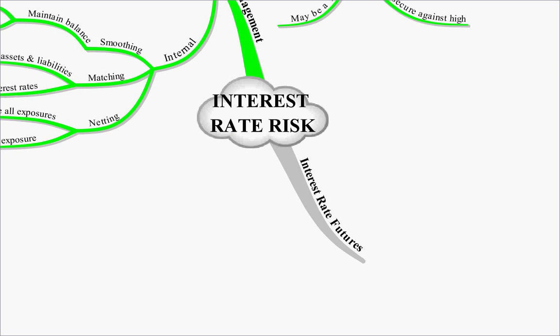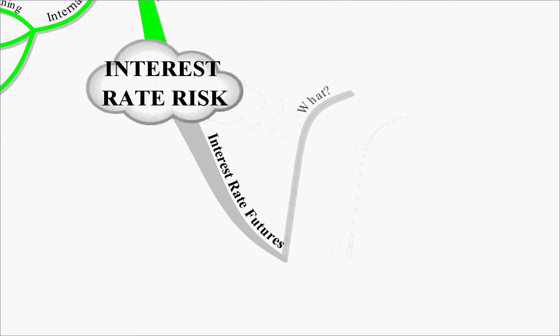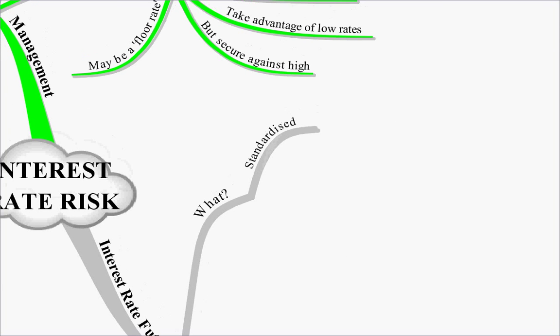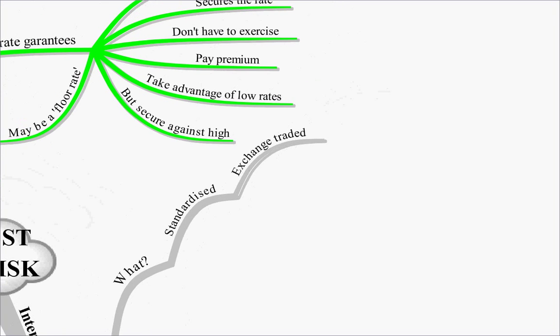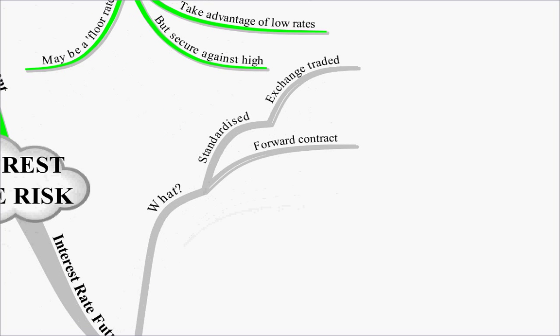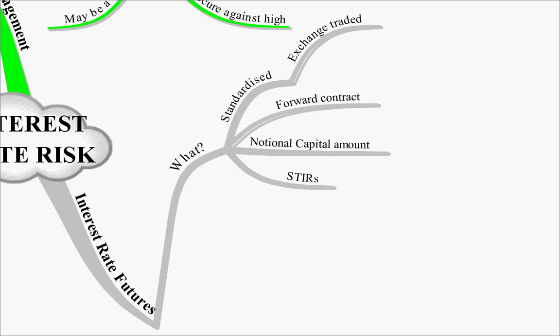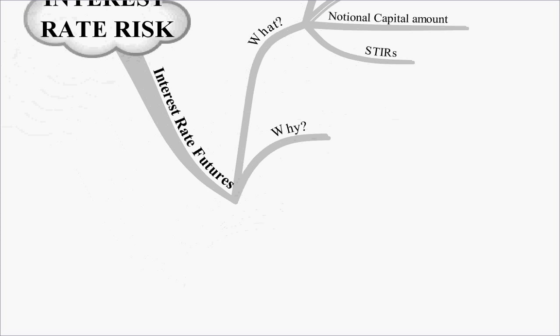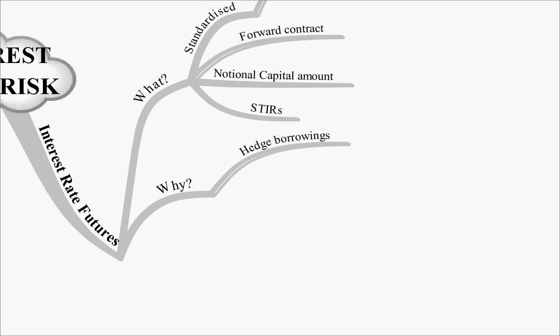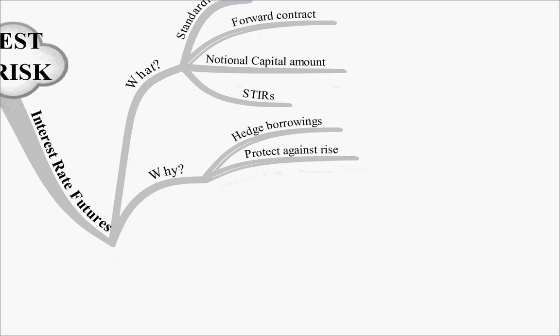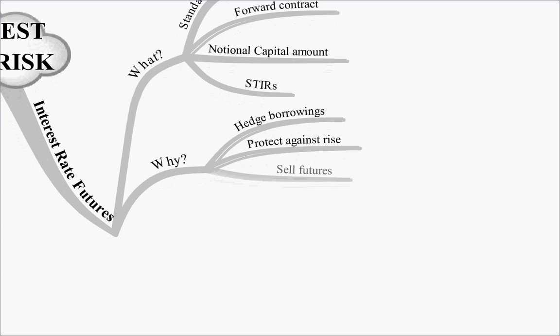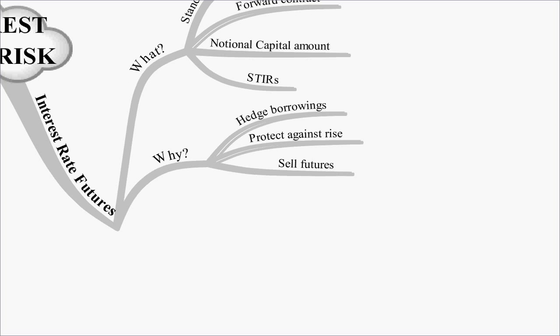On to external methods. Interest rate futures. What are they? Well, they're standardised contracts and they're exchange traded, same as currency futures. They're like a forward contract on a notional capital amount, and they may be called STIRs in a question. Why do we actually use them? Well, we use them to hedge borrowings, to protect against a rise in interest rates, and we would sell futures in that situation.